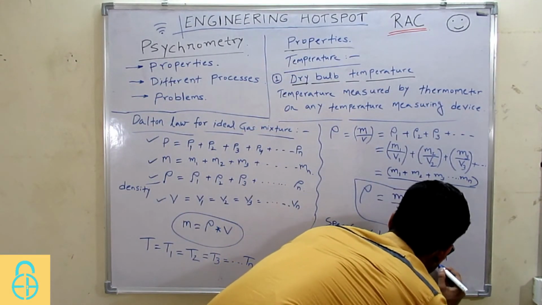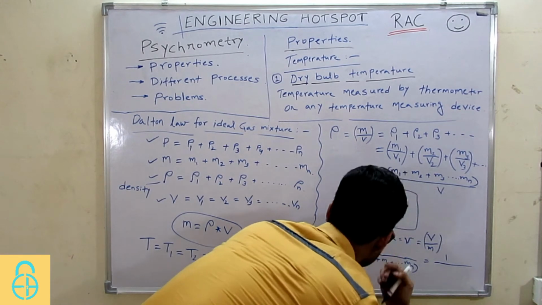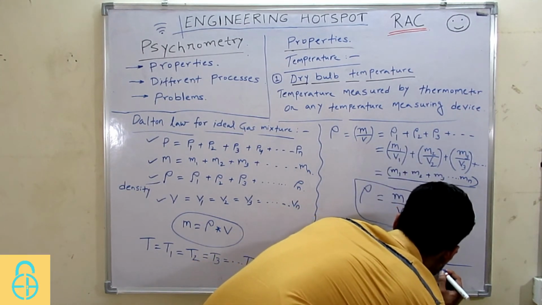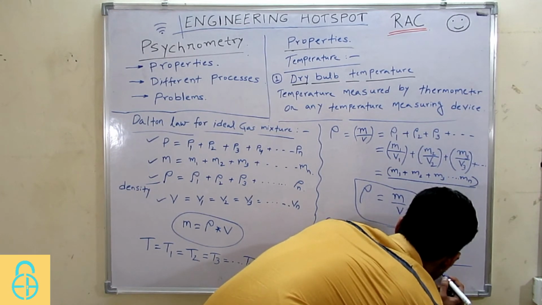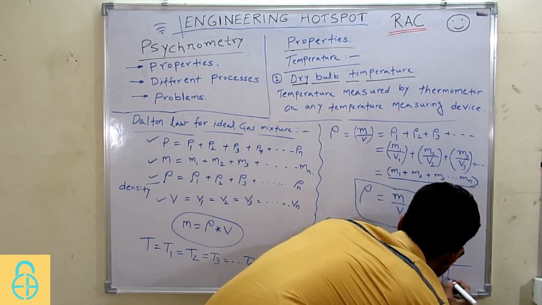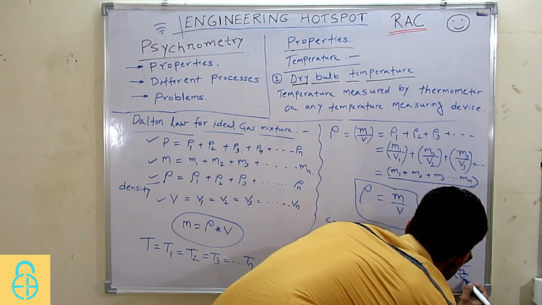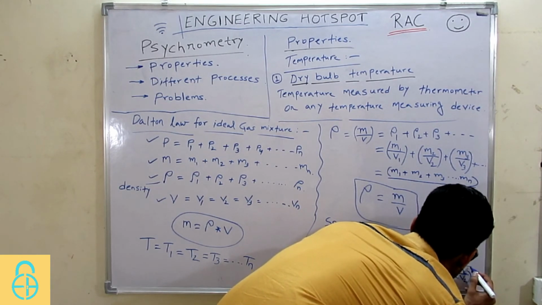So you can write this as, if you take v downward or in the denominator, it will be m1 divided by v1 plus m2 divided by v2. This goes on.